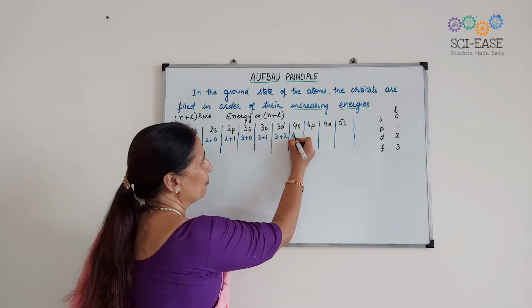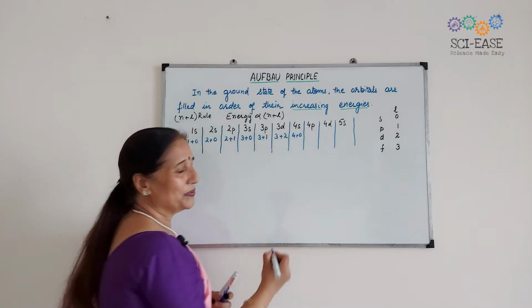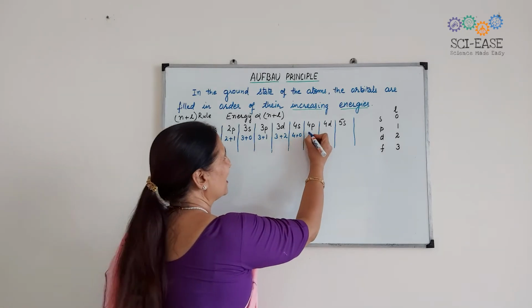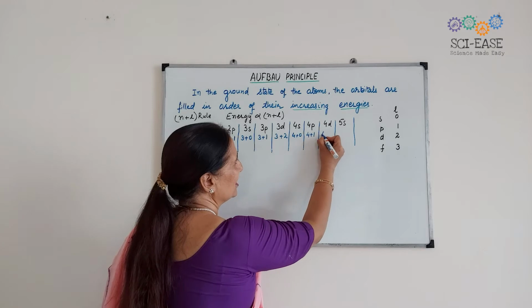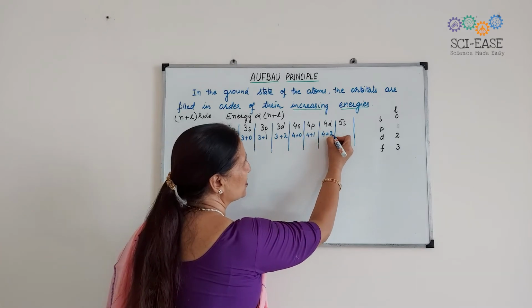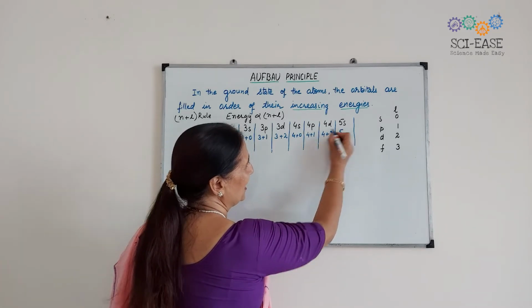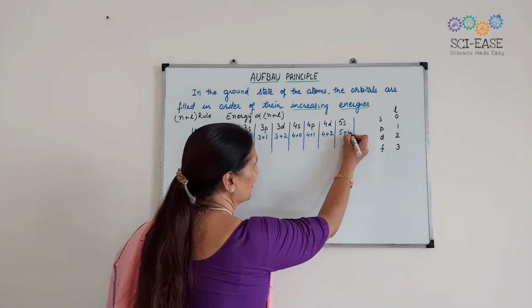Okay? 4s: 4 plus 0, then 4p: 4 plus 1, 4d: 4 plus 2, and 5s: 5 plus 0.